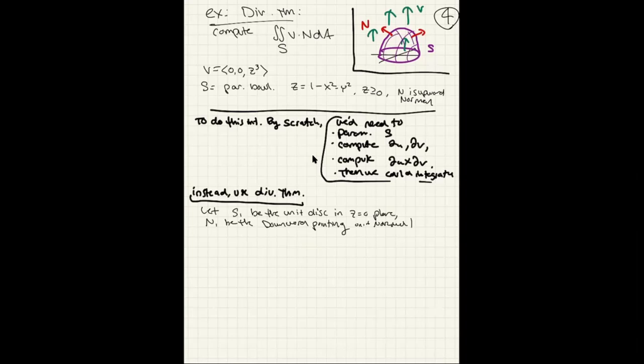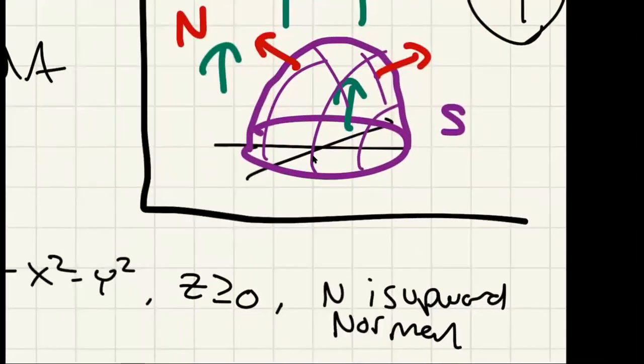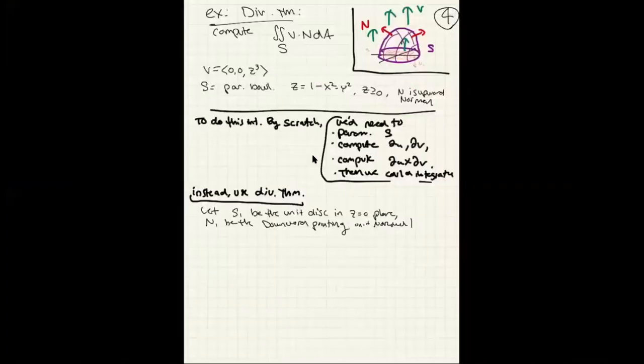So I'm zooming in up here, and I'll do it in this peach color. On the bottom, that surface is S1, and its unit normal points down. So that's N1, the downward pointing unit normal. And now S and S1 together close something. So now I can use the divergence theorem.